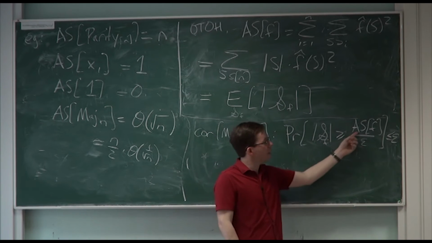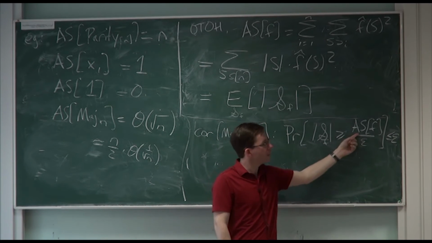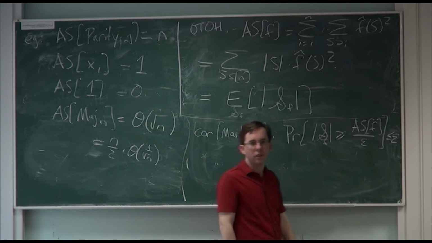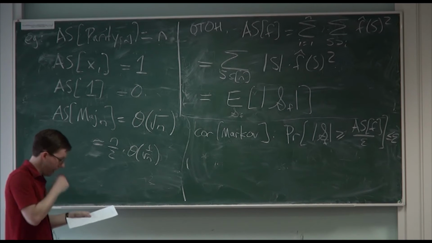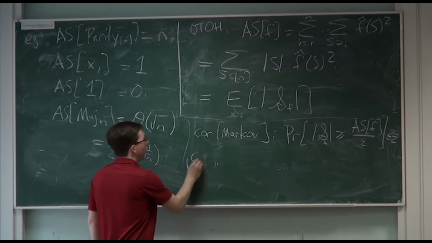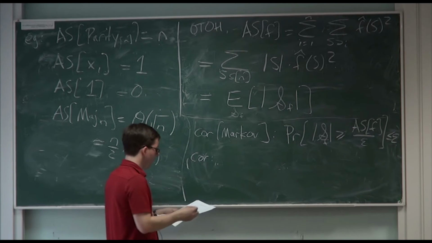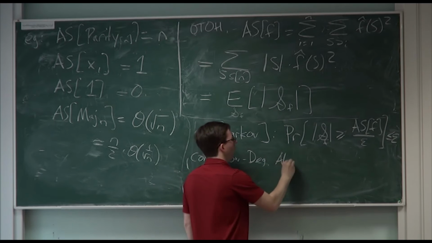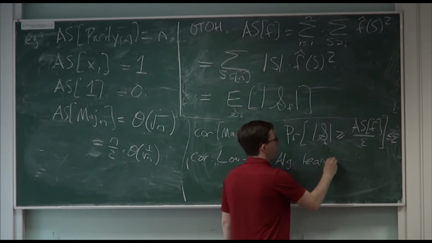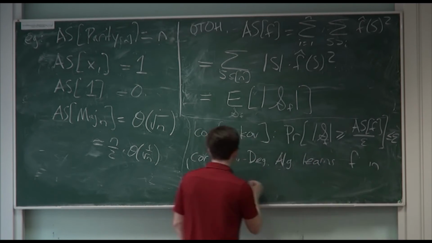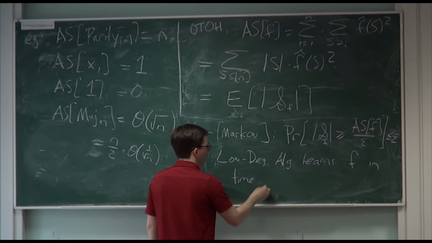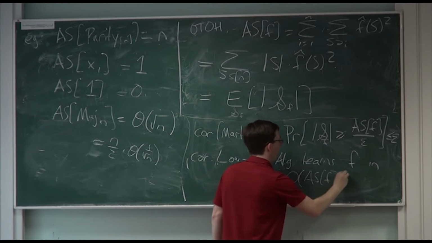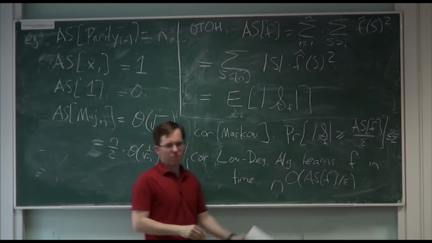And this is nice because this doesn't involve the Fourier coefficients inherently, right? It's some hopefully easy to understand combinatorial property of the function. So we get this by passing through the Fourier coefficients. So as a corollary of this and the low degree learning algorithm, it learns an unknown function f in time n to the order of average sensitivity of f over epsilon, to accuracy epsilon.